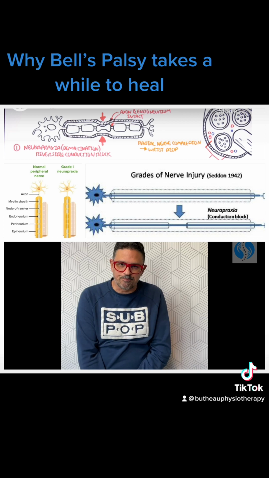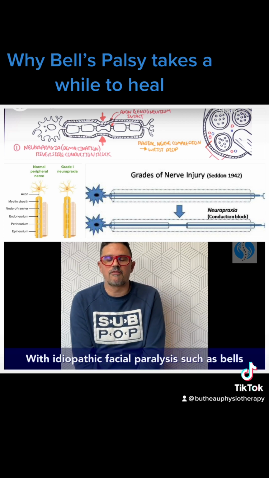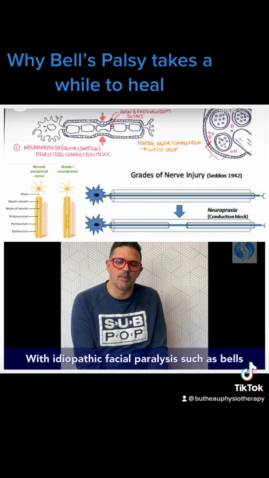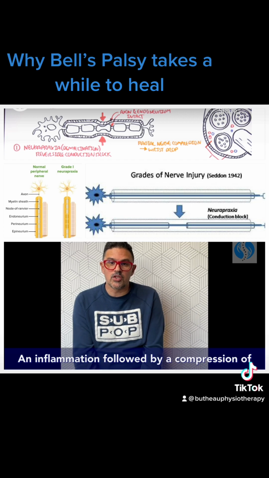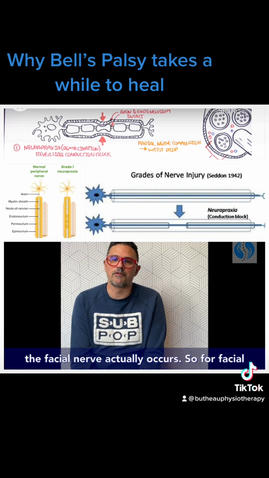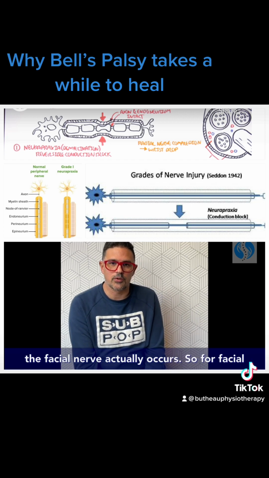With idiopathic facial paralysis such as Bell's palsy, neurapraxia, and 𝙤𝙤𝙢𝙚, an inflammation followed by a compression of the facial nerve actually occurs.